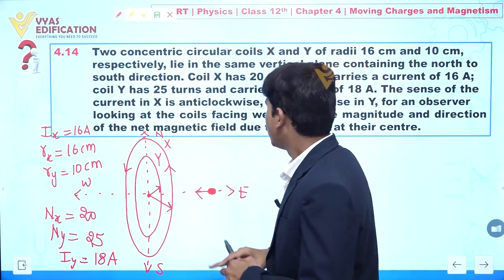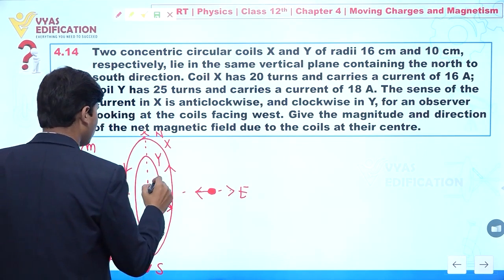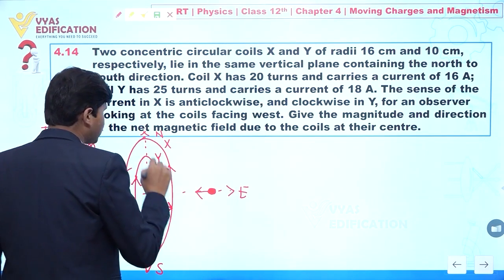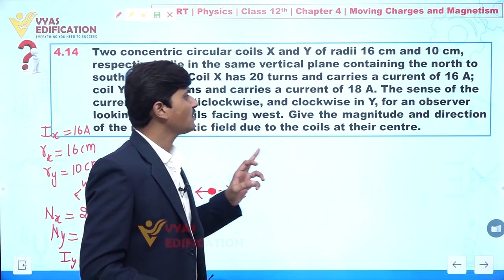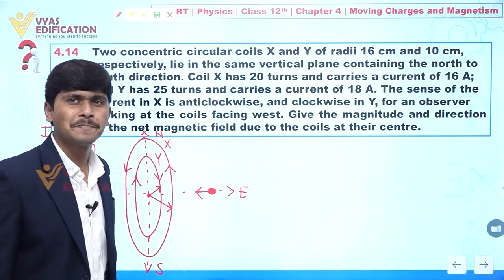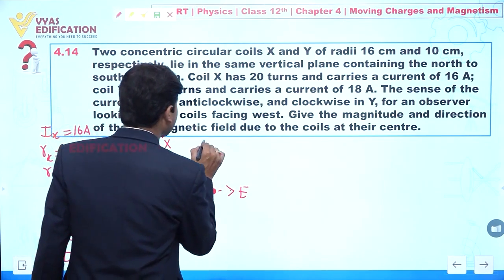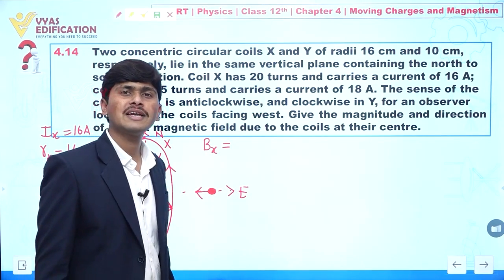Clear? So one more thing is given to you. We have a clockwise direction for Y. It means we have direction for Y like this. Clear everyone? Now we have to find magnitude and direction of net magnetic field due to coils at the center. Clear? So first I can calculate here value of Bx. So how can I write?